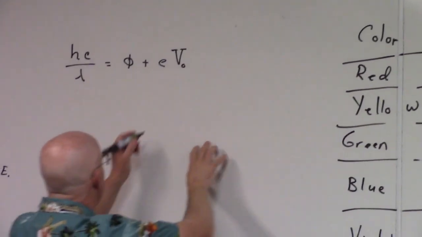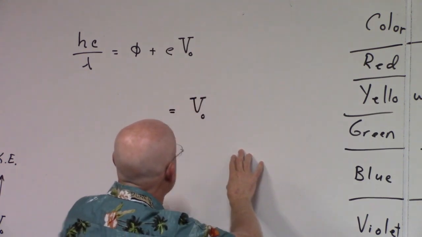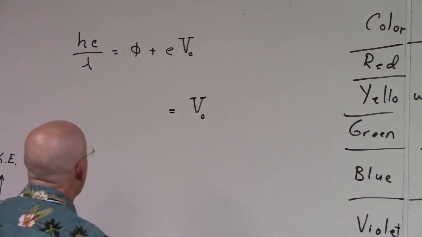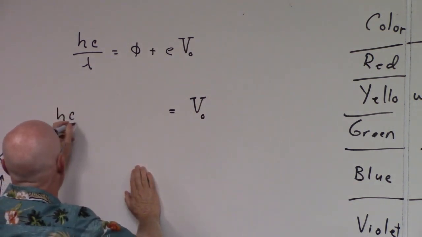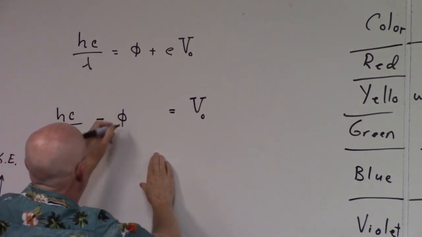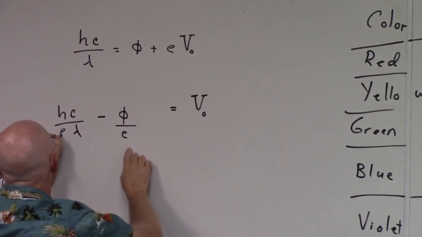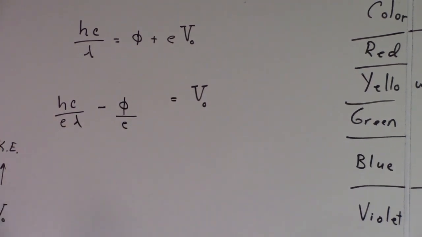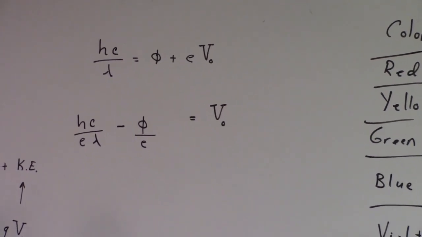Let me put stopping voltage by itself, which of course I could get by taking the hc over lambda, subtracting the work function, then dividing by the charge of the electron. Let me rearrange it one more time.